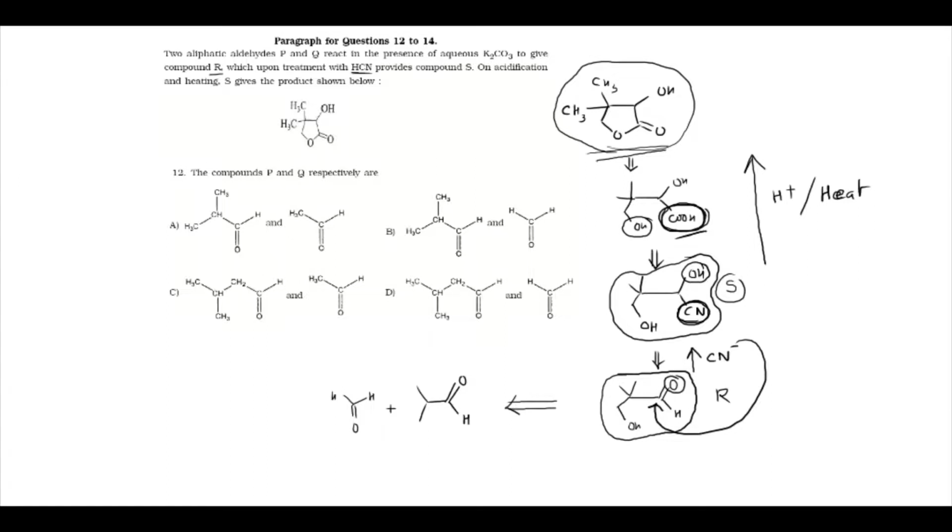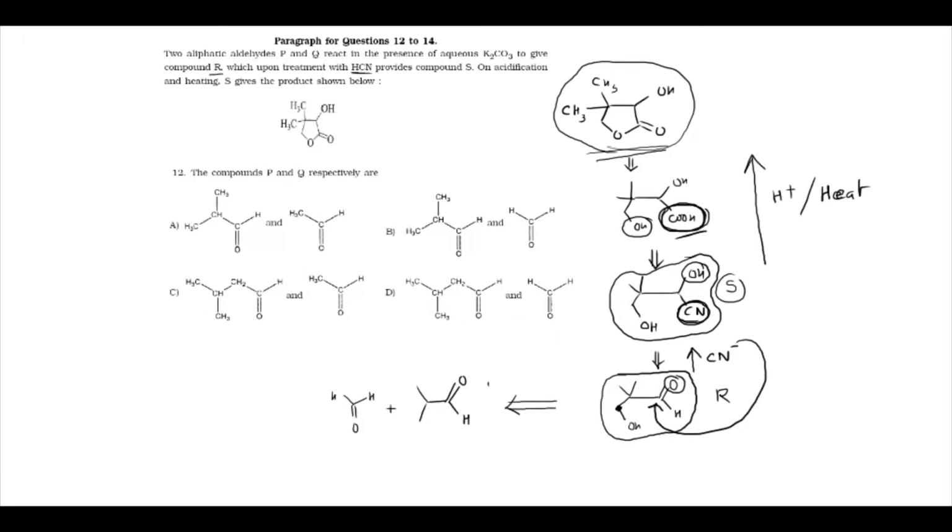Now in aldol condensation reaction, we know that the carbonyl carbon of the less crowded aldehyde is converted to the secondary alcohol or primary alcohol, depending on the carbonyl carbon. So here we can see a hydroxide group attached with this carbon, which is a primary hydroxide group. That means this carbon must be the least hindered or least crowded carbonyl carbon in the starting material.